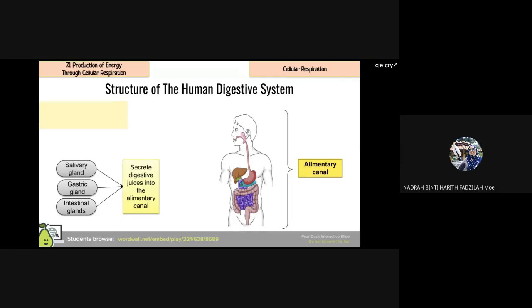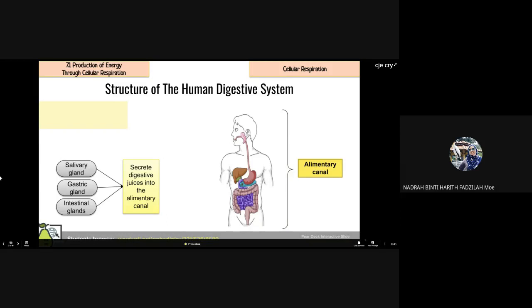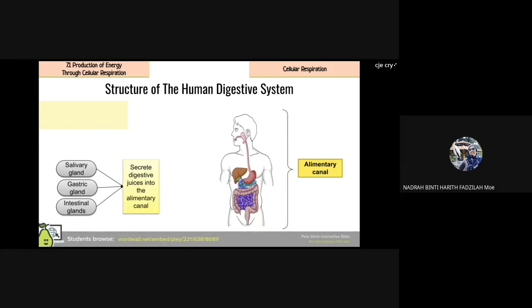Okay, can you open the activity? Tajuk dia ialah digestive system. Sekejap ya. If you have any problems to open the activity, let me know.